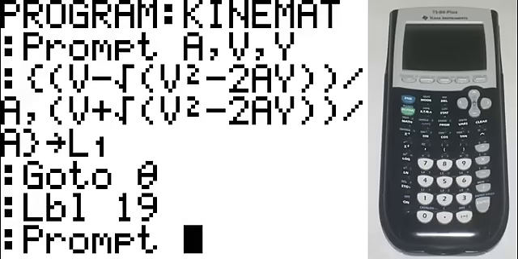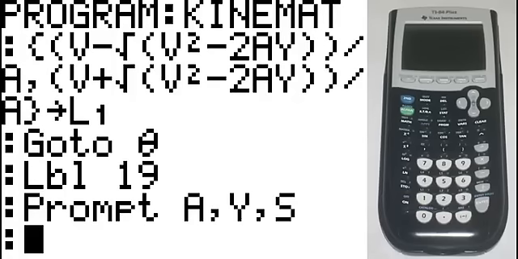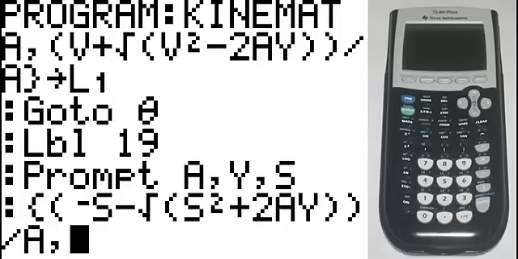Label 19. Here we will prompt the variables a, y, s. In the squiggled parentheses, this one will also have two options.